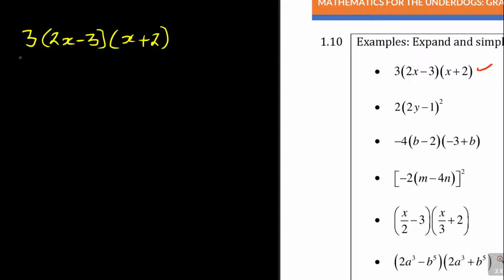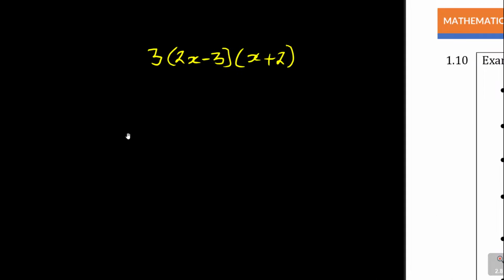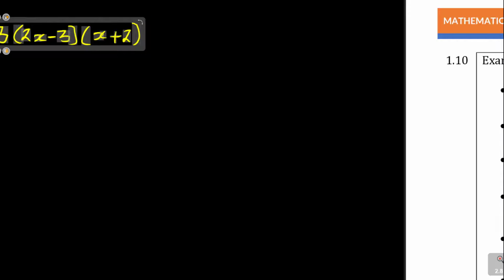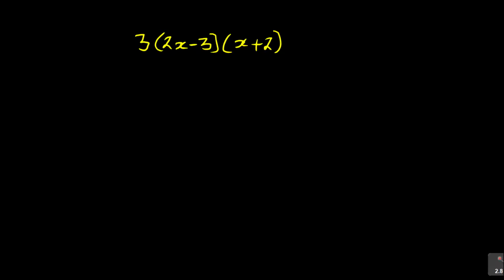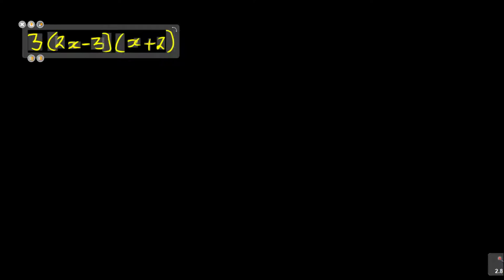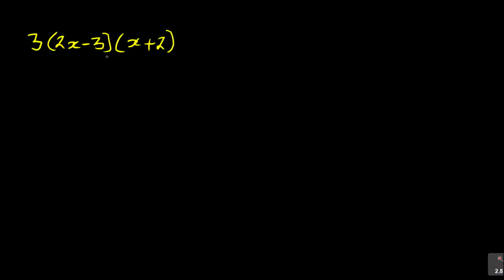The first thing that is very, very important here is you must be systematic about opening the brackets. So first of all, put a bracket like this, so that you can expand everything inside that bracket.